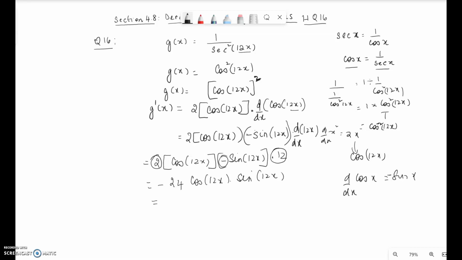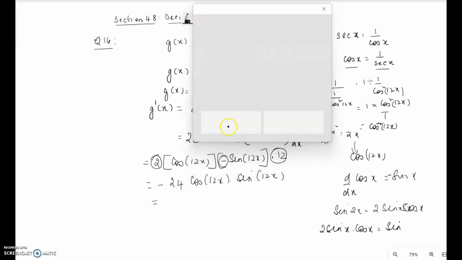Now that is equal to, remember, sine of 2x is 2 sine x cosine of x, which is the same as saying 2 sine of x cosine of x is equal to sine of 2x.